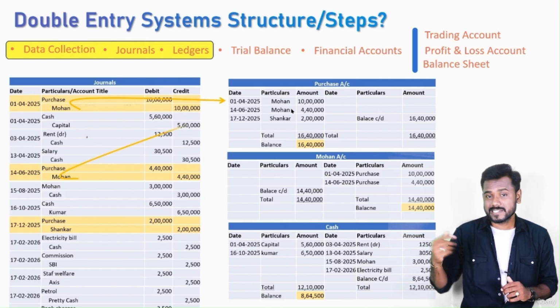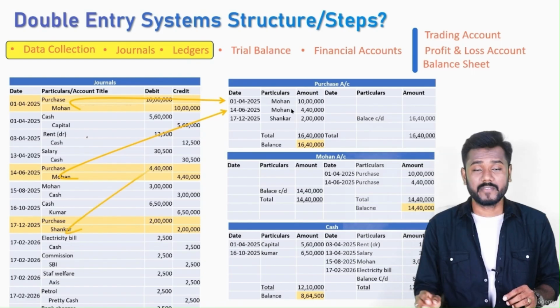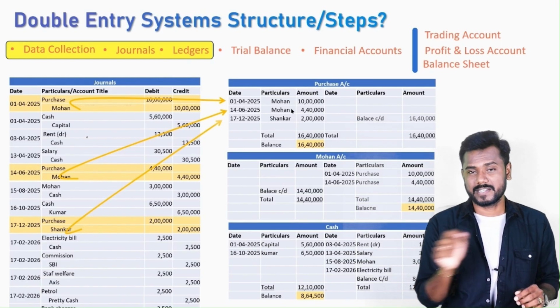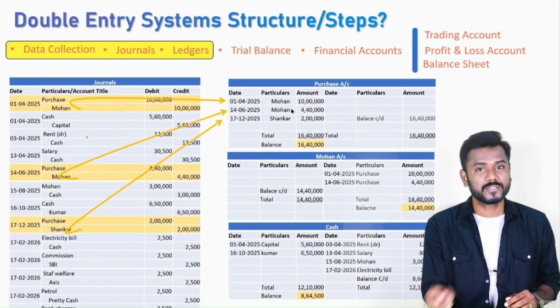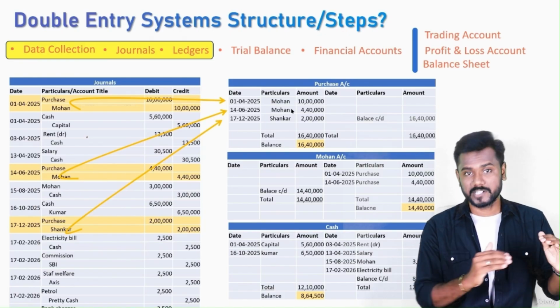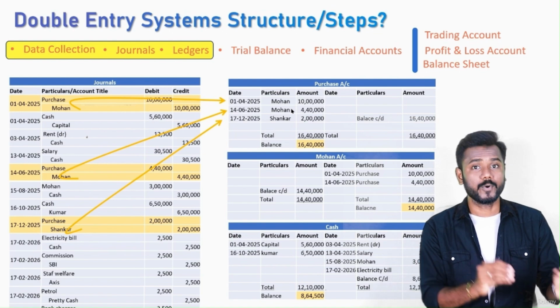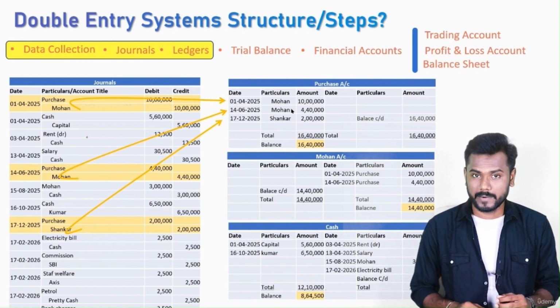On the next account, I will open Mohan, and out of these 10,000 transactions, I will find all Mohan-related transactions and post them from journals to Mohan's statement, so that I will get the total summary of purchases, the total summary of Mohan, and in the same way the total cash available.